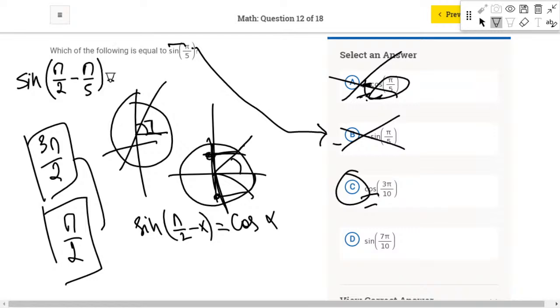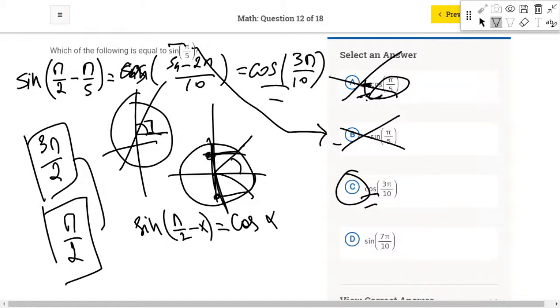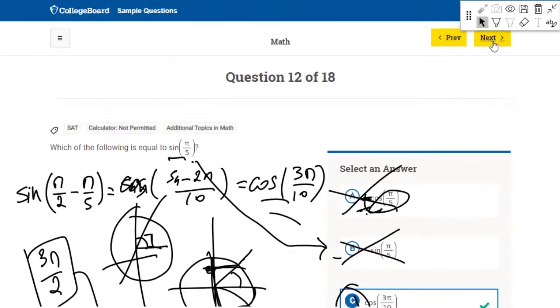What I get is actually cosine of (5 pi minus 2 pi) divided by 10, and this is cosine of 3 pi divided by 10. Actually, we got exactly what is here. So the answer is C. But I'd rather do it logically, knowing that if we use 3 pi divided by 2 or pi divided by 2, I need to change the name of the function.